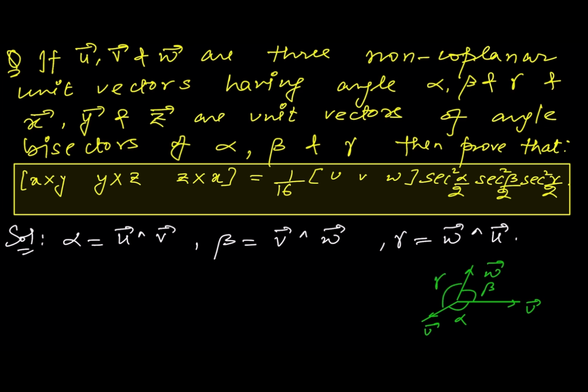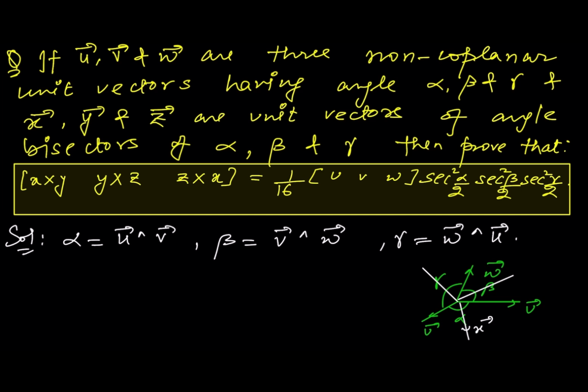Okay, and x, y and z are unit vectors of alpha, beta and gamma. So this is x, this is y and this is z.